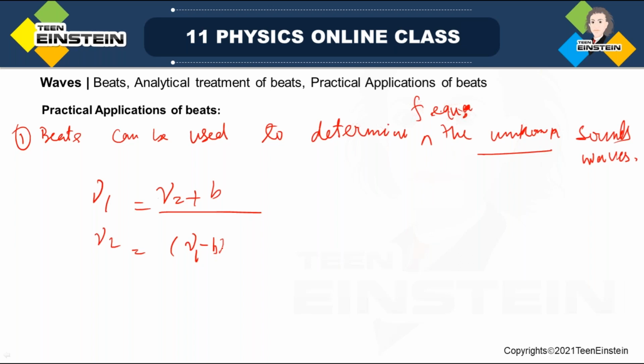So to determine the unknown frequency, you can use this beats method.